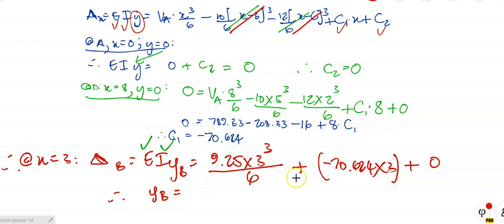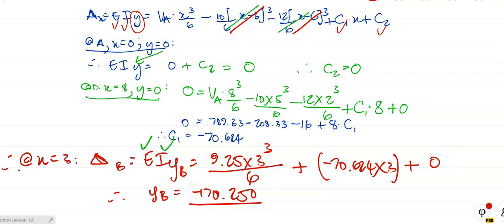Work all of that out there, and I'm going to just write mine down because I worked it out earlier, but you need to check it before you continue. I'm going to get minus 170.25 divided by EI.